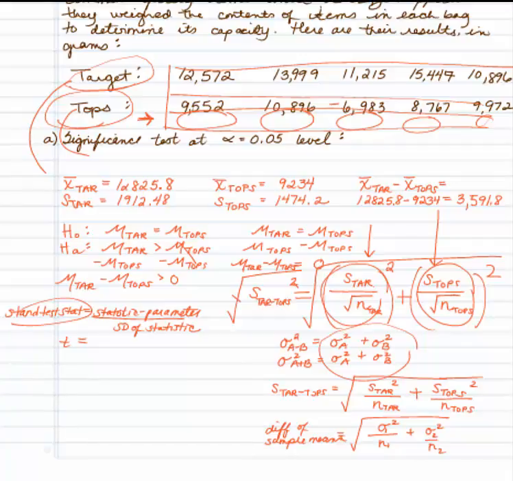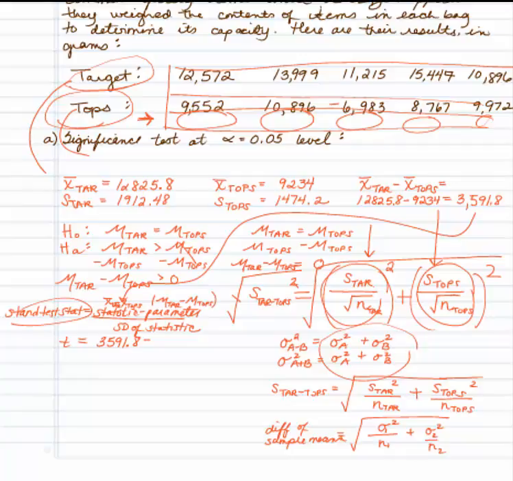So I've got to use this information over here, 3591.8. What is my H0? What do I expect to get? This is my difference of my means of target and tops. This is my difference that I expect to get, target minus tops.